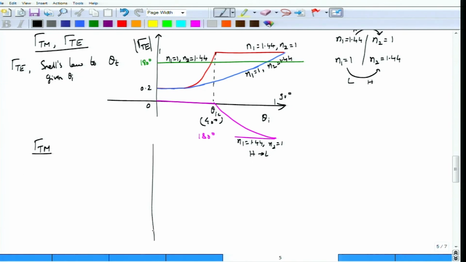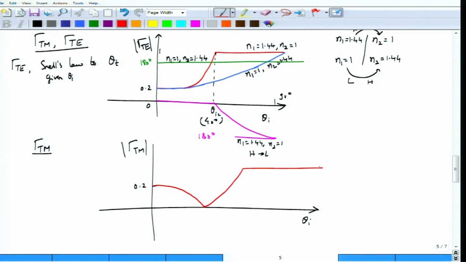For the same set of values, if you were to plot gamma Tm, you will see something very interesting happening. I am plotting the gamma Tm magnitude, and initially the magnitude of the reflection coefficient starts off at 0.2, because it has to be the same for both. For this one, the magnitude of the reflection coefficient drops and then rises and then becomes constant.